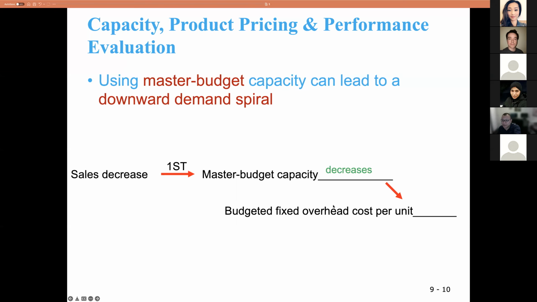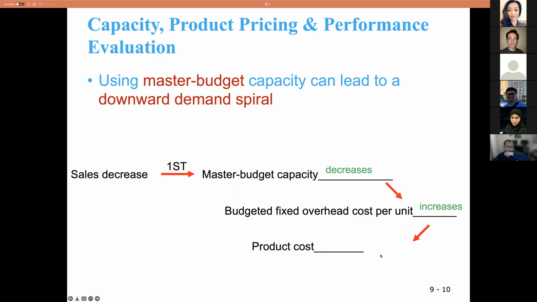So this decreased and it's in the denominator, so your budgeted fixed overhead cost per unit will increase. If that rate increases, what happened to the product cost per unit? Giovanni? Increase. Very good.